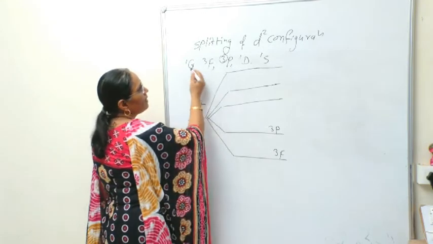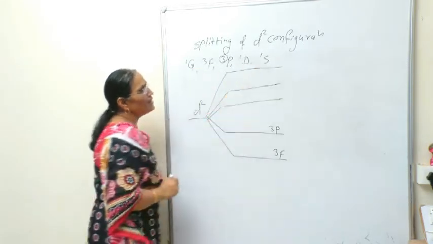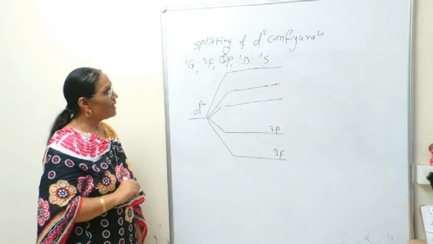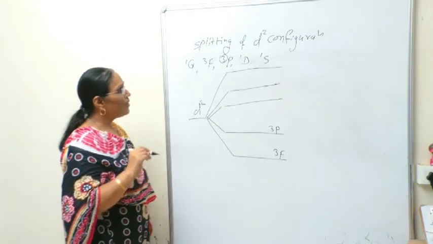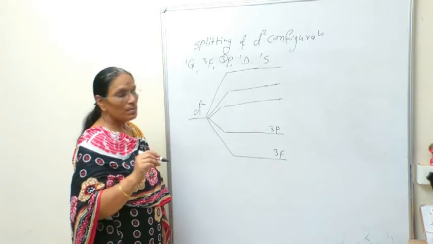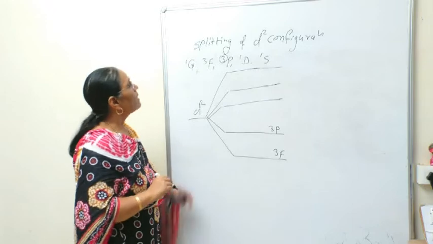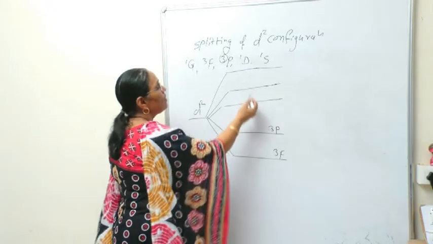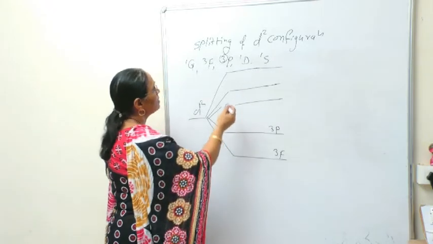Then the remaining singlet G, singlet D and singlet S are all singlets, and therefore we have to follow the second rule. The term having the highest orbital multiplicity should be lowest in these three terms.